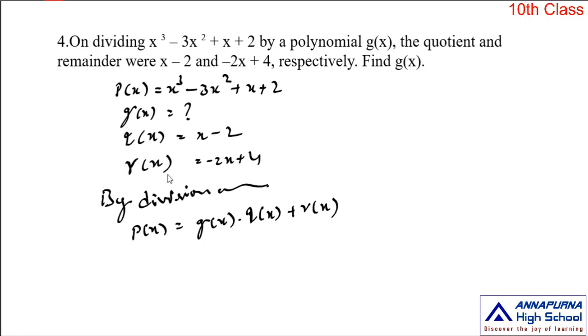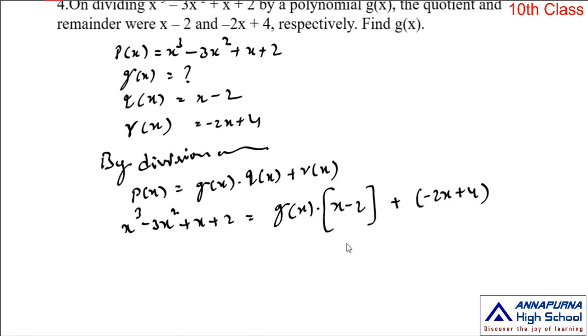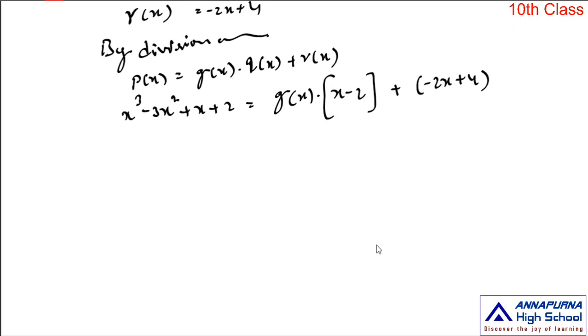Now substitute all the polynomials in this division algorithm. p of x is equal to x cube minus 3x square plus x plus 2, and g of x we don't know, into q of x, which is x minus 2, plus r of x, minus 2x plus 4. Now transpose this remainder to the left side.